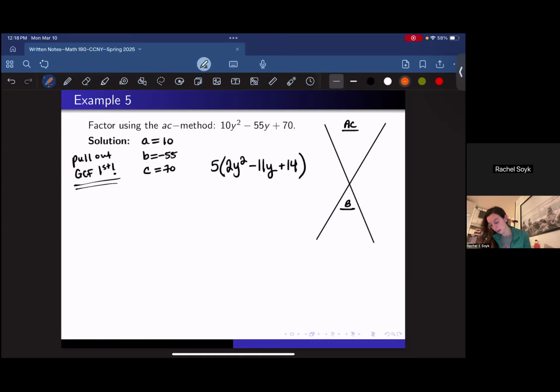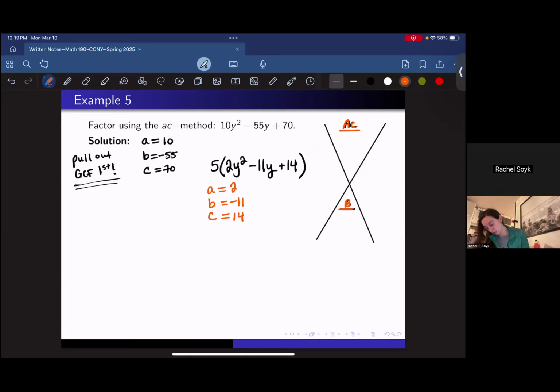And so now we have some different A, B, and C values, some smaller values that will make our problem a little easier to solve numerically. And so we're going to use those AC values in our AC method off to the side.